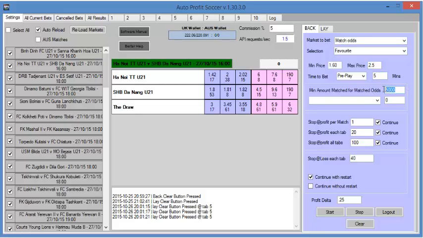So here you put in the minimum amount of money that must be in the game before you will bet on it. It's always in the currency that your Betfair account is in. So if you put 5,000 in there and you have a British-based account with pounds, then it would be 5,000 pounds before the bot would look at putting a bet on that market.